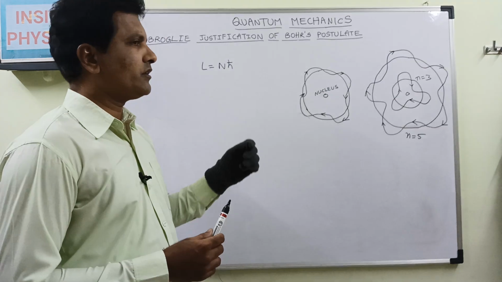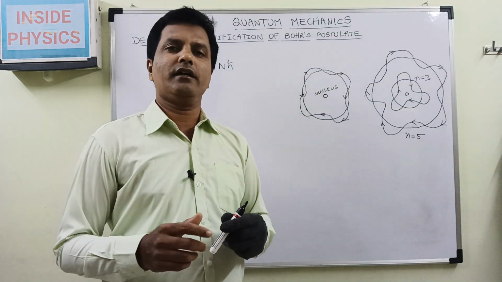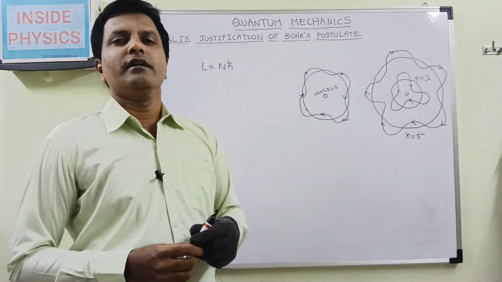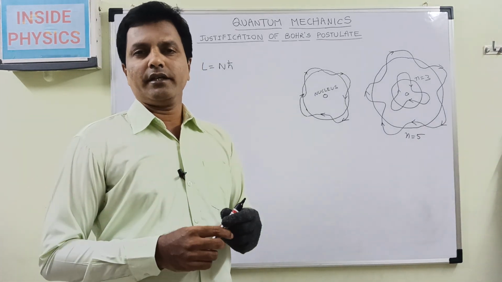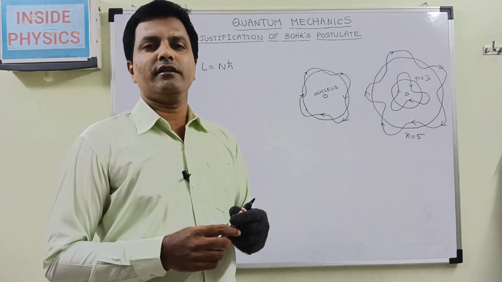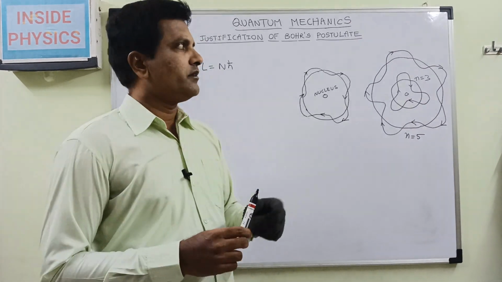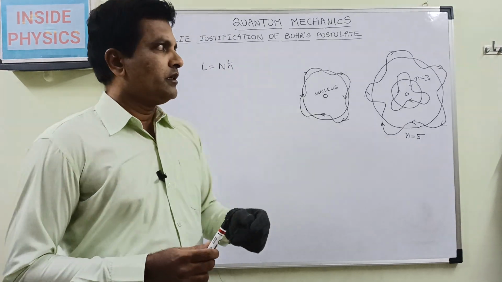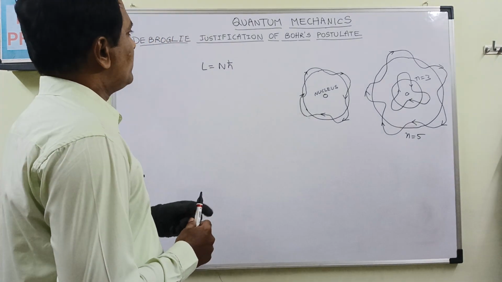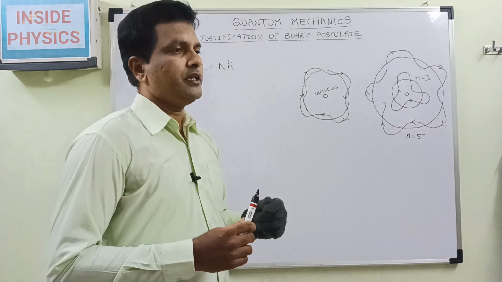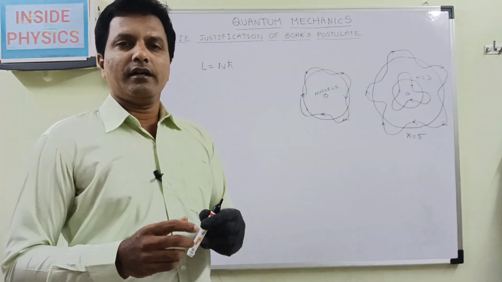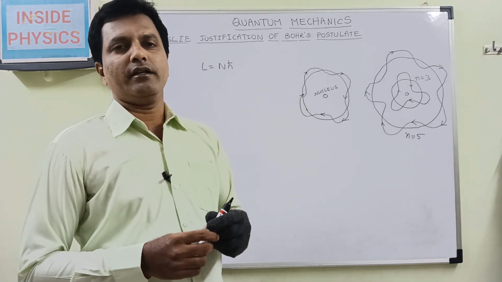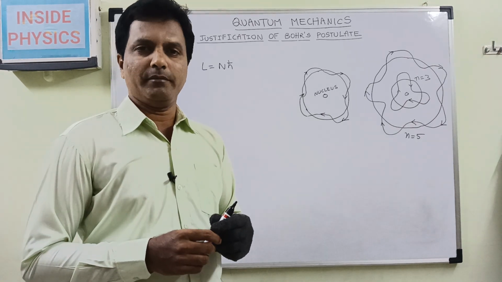What happens is that the electron is stably revolving in the orbit. For that, he said the electron will revolve in the orbit and meet itself after completing a circular revolution. That means we can say the electron has a standing wave profile while revolving in the orbit.